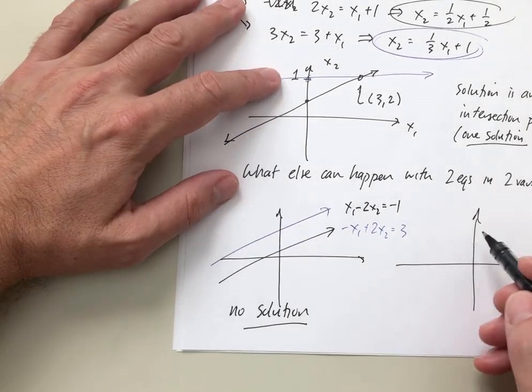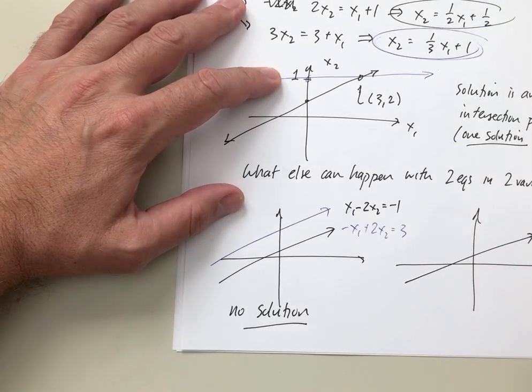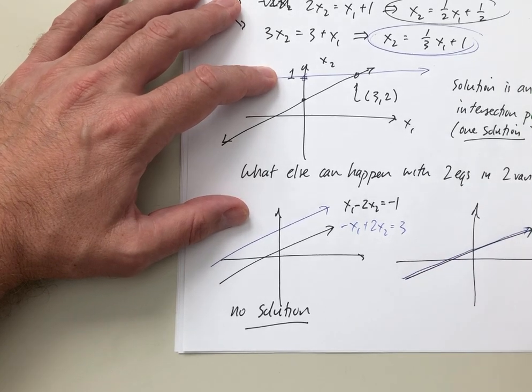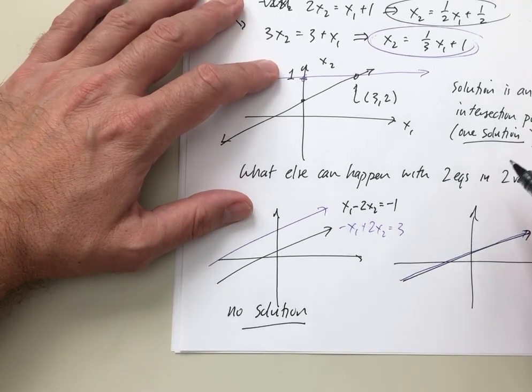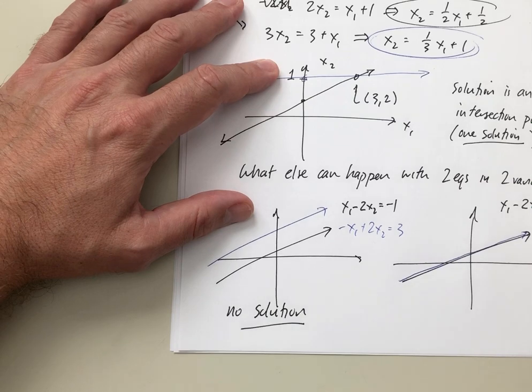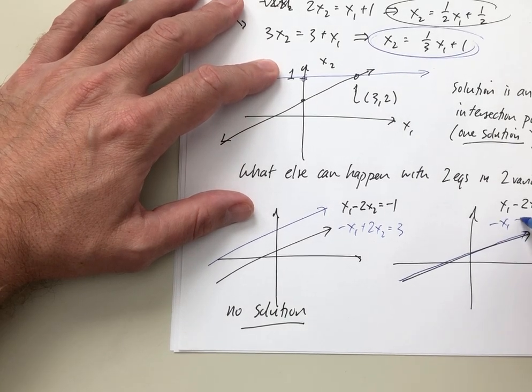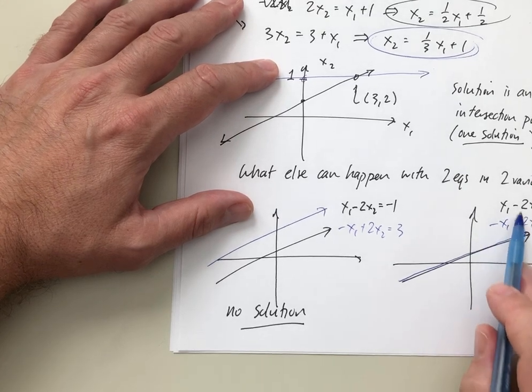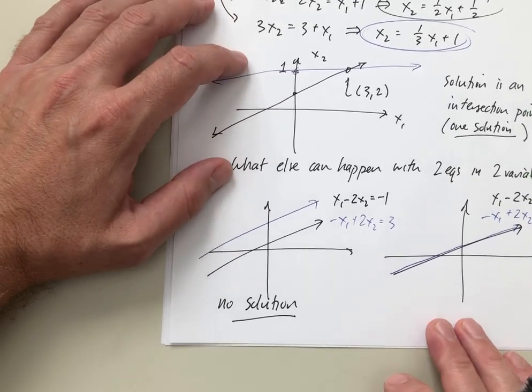And then in the other case, maybe this is a little bit weird to think about, but in the last situation, I actually have a line, and then I have another blue line that's actually on top of it, the same line. Let me give you an example: x1 minus 2x2 equals minus 1. And another one that looks different but actually gives you the same line is this. You can see that this is just a negation of that equation.